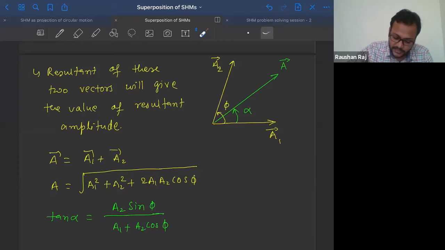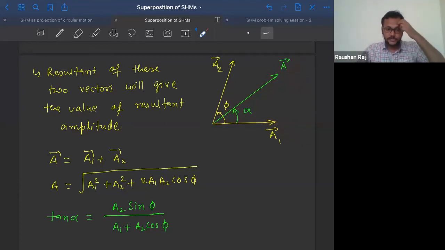If I have a vector A and the angle made by A with A1 is alpha, that means the phase difference between A and A1 is alpha. So here the angle denotes the phase difference. When A1 and A2 were making an angle phi with each other, the phase difference between Y1 and Y2 is phi. When A is making an angle alpha with A1, Y and Y1 have a phase difference of alpha.